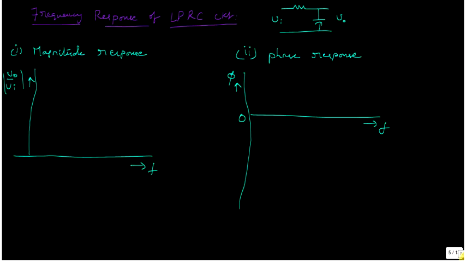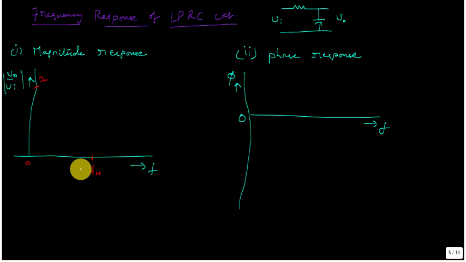Now we will draw the magnitude response and phase response. Magnitude response is magnitude versus frequency, phase response is phase versus frequency. The magnitude response is at most 1 for a DC signal at f equal to 0, and from there the value is going to reduce towards 0. We know it acts as a low pass filter, passing all the frequencies up to the upper cutoff frequency fh.